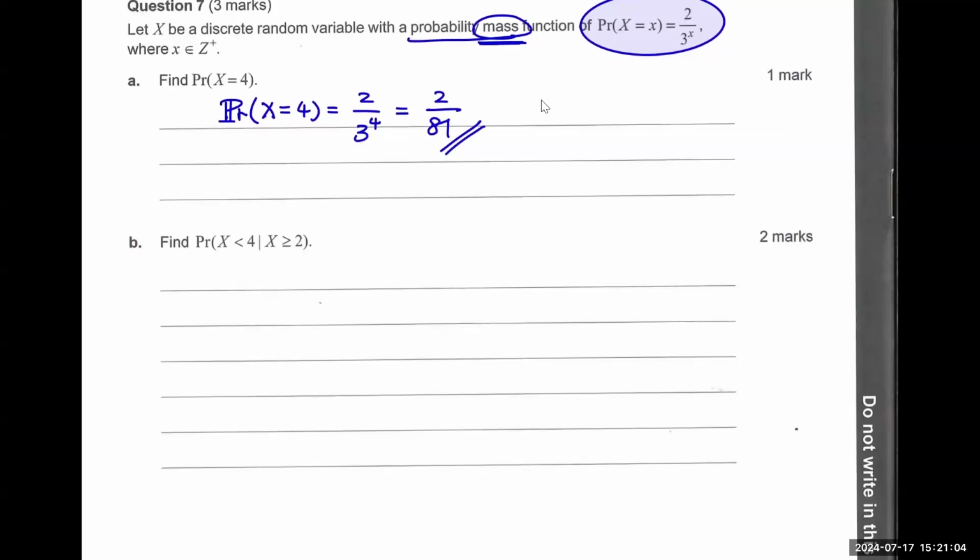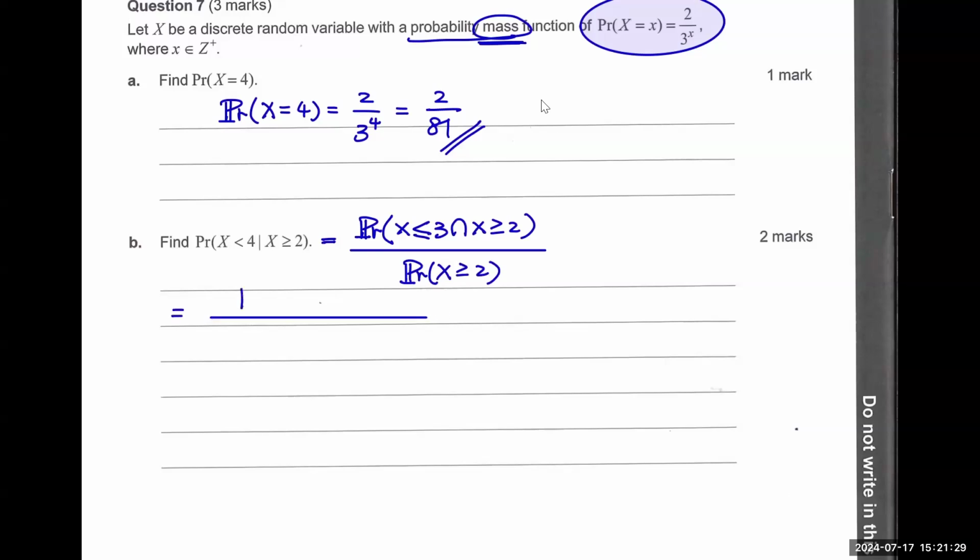And find the probability x less than 4, given x greater than or equal to 2. So that is like probability of x less than or equal to 3 intersecting x greater than or equal to 2, divided by probability of x greater than or equal to 2. So the numerator is just 2 less than or equal to x less than or equal to 3. And the denominator, well, this is a bit of an issue here because you've got x belongs to Z plus.